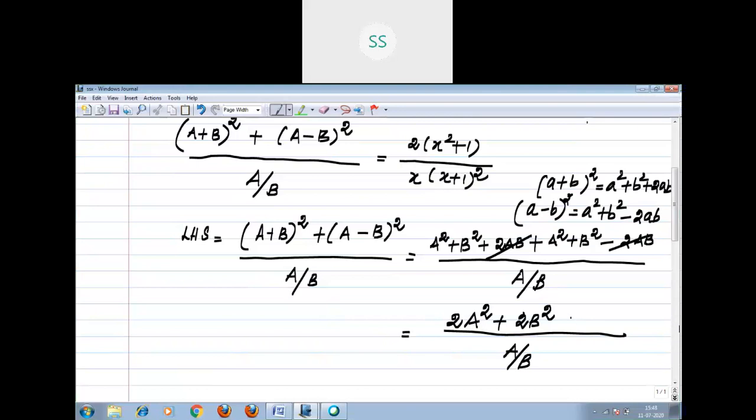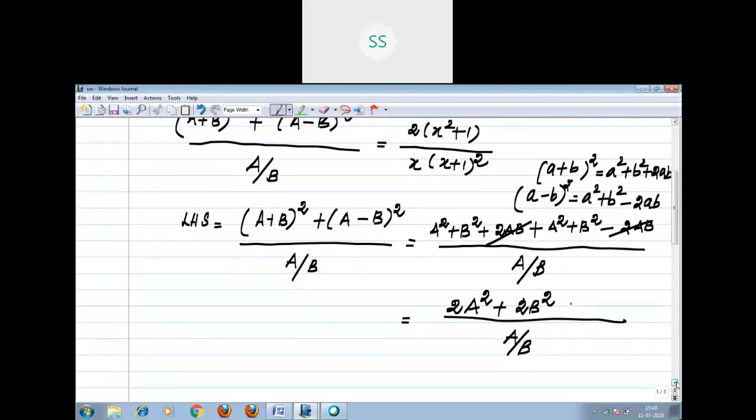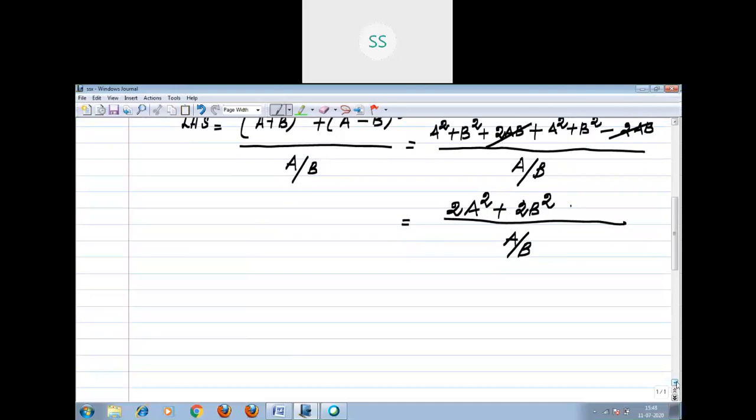Now we are going to take 2 as common in the numerator, which is equal to 2 into (a square plus b square) divided by a by b.